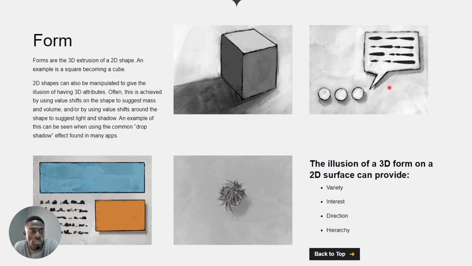Now this is often achieved by using value shifts of the shape to suggest mass and volume, to suggest the light and shadow. An example can be seen when using the common drop shadow effect found in many apps. The tool is called drop shadow.